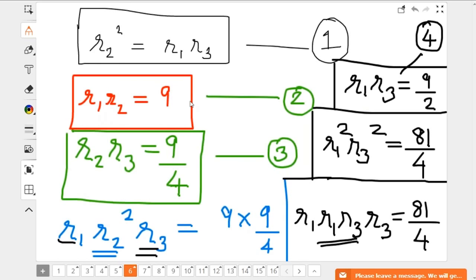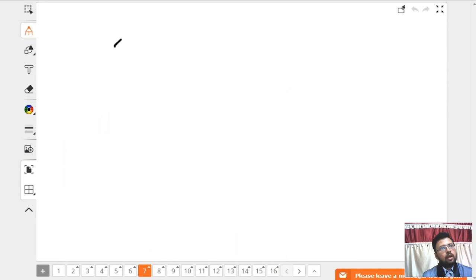Okay, so what are the things we got? R1, R2 is 9. Okay, I'll just write these three, specific three to another place. R1, R2 is equal to 9. Okay, then R2, R3 is 9 by 4.